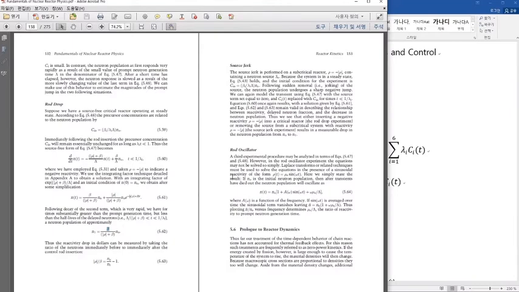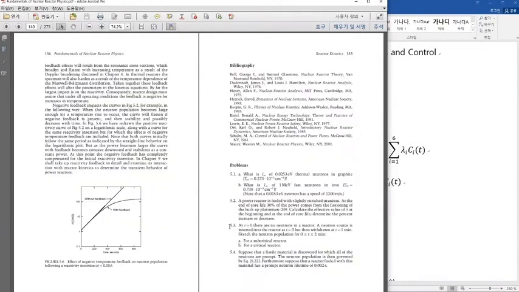So it is called point kinetics. And of course, understanding point kinetics is very important in understanding the overall reactor kinetics. Of course, in chapter 5, we have not considered the so-called feedback effect.